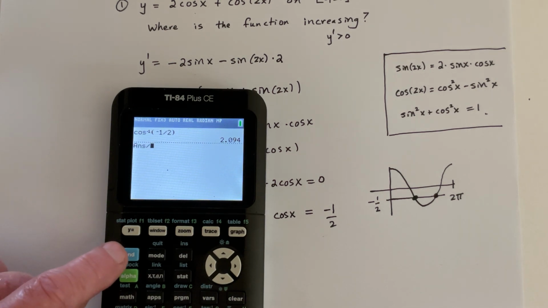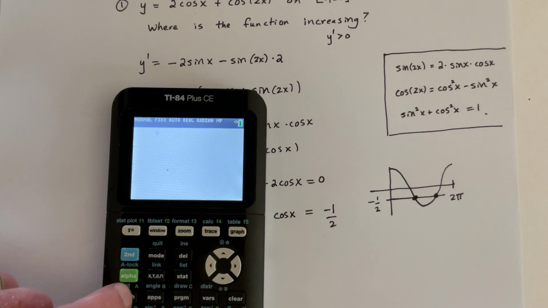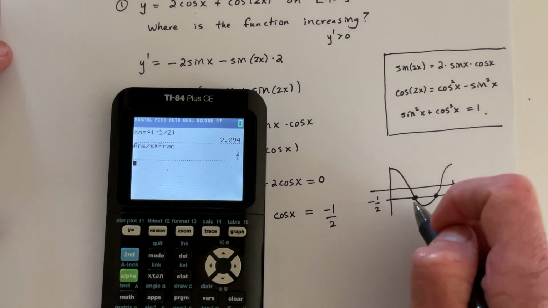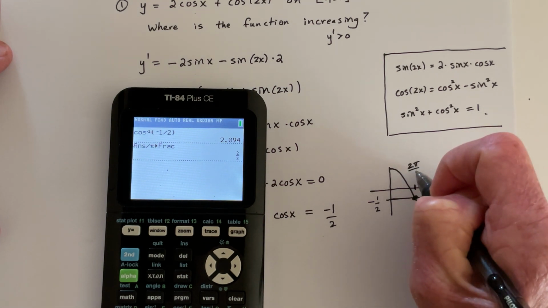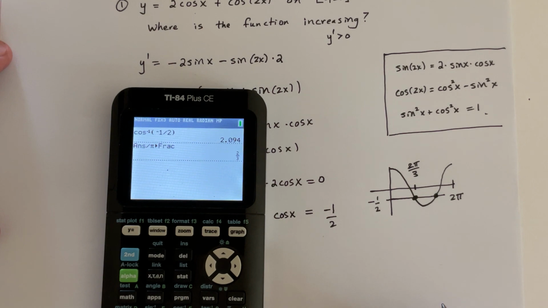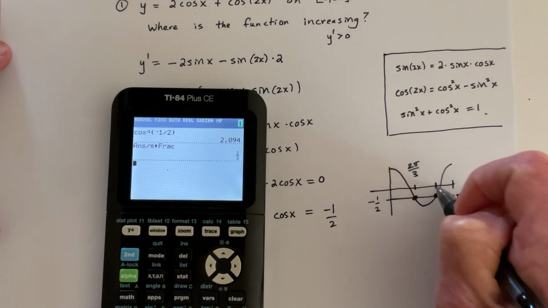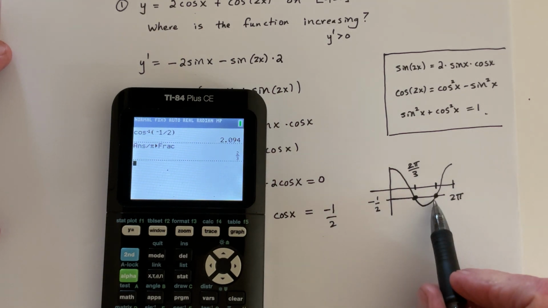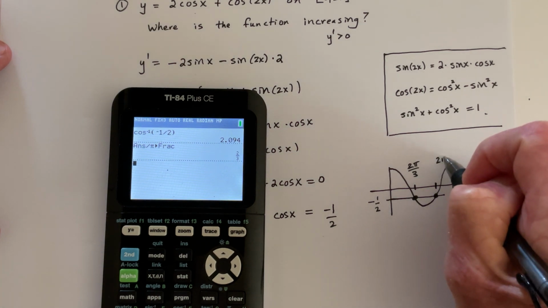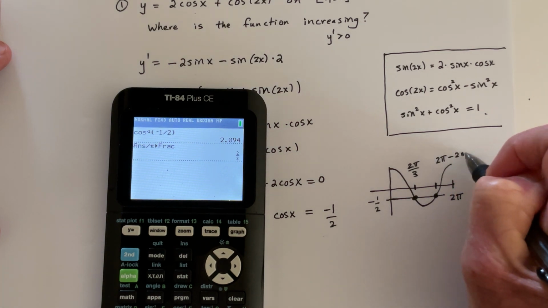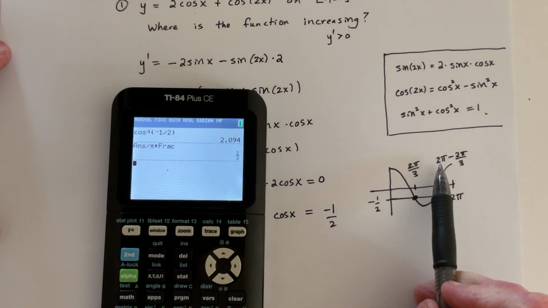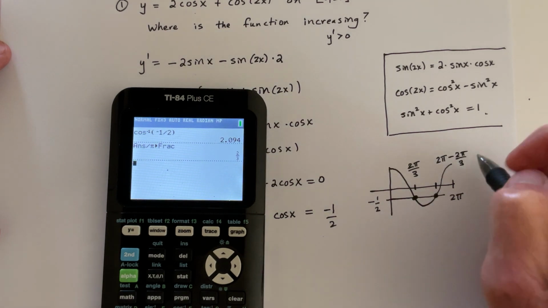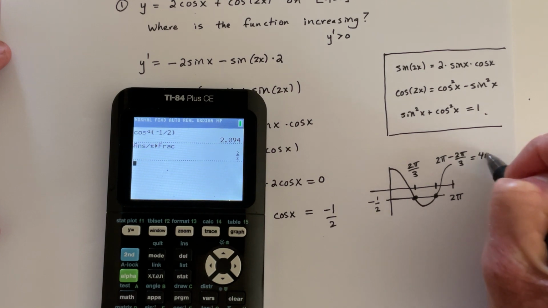So if you divide that by pi and ask the calculator what fraction that is, that's 2/3. So this one is at 2/3 of pi, or 2 pi over 3. And then this one is to the left of 2 pi, so this would be at 2 pi minus 2 pi over 3. Now this is 6 pi over 3 minus 2 pi over 3, so that equals 4 pi over 3.